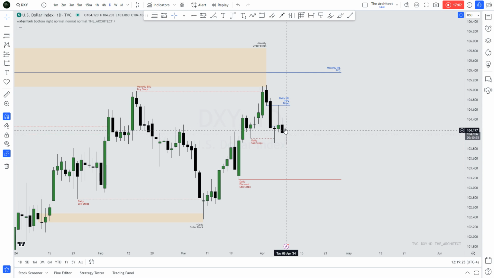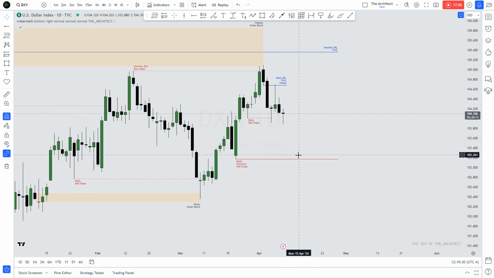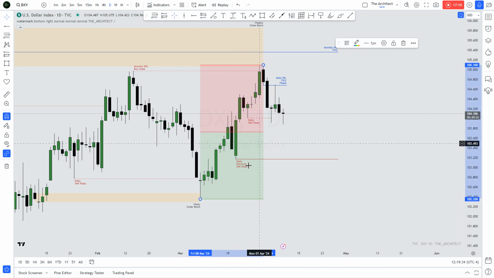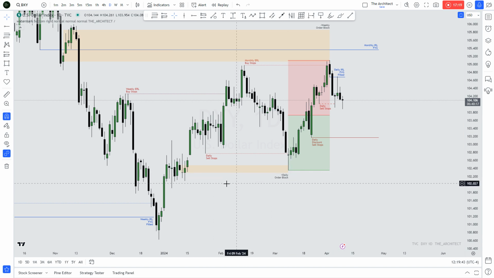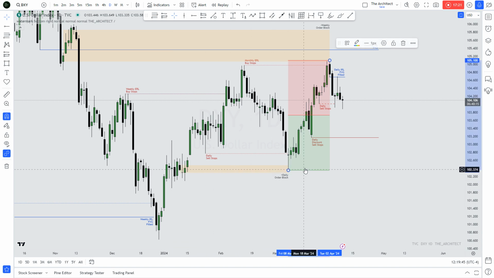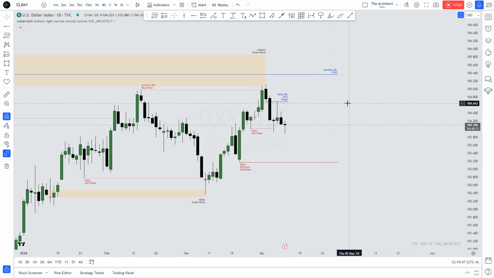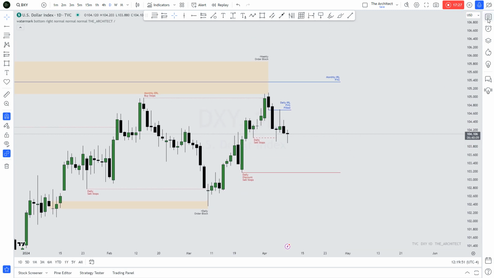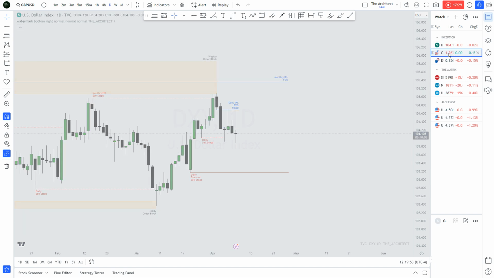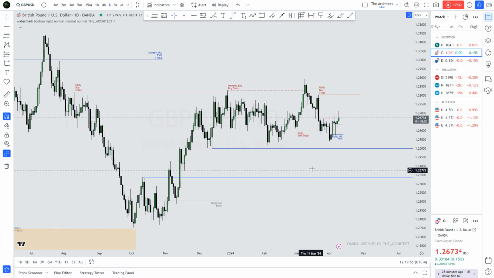So there's a likelihood that we may want to distribute lower, as to reach points of discount, because we got to sell in deep premium so we might reach discount prices. This might be our draw, and long term we may draw towards these lows over here. So we're getting sell ideas off of the DXY. That essentially means that on GBPUSD we could potentially be looking for buying opportunities.